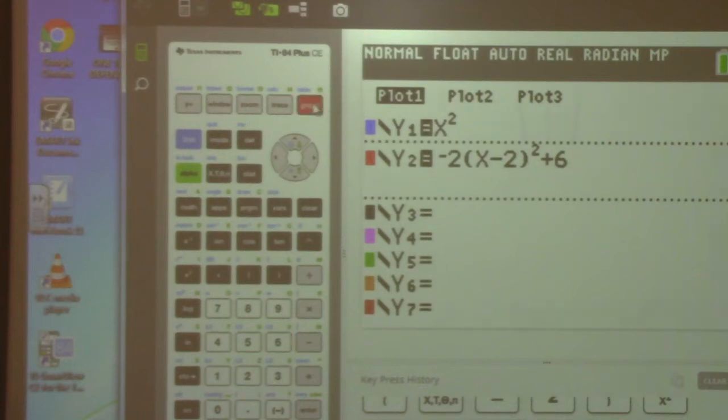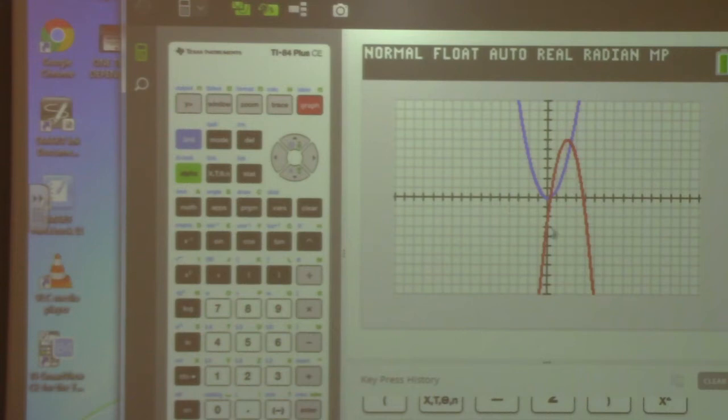But anyway, we graph this thing, we should see that. Are we shifted to the right? Yes. Okay, Randy, you were right about that. Are we up 6? Cheyenne said we were turned upside down. Are we turned upside down?